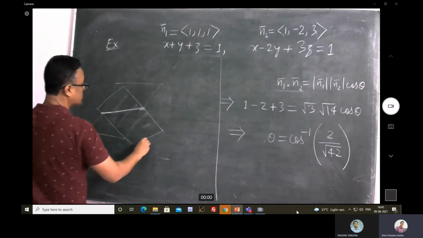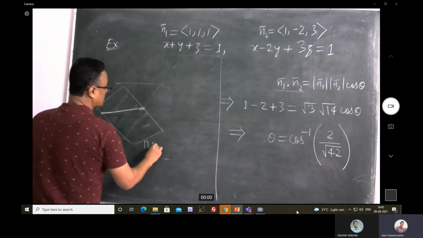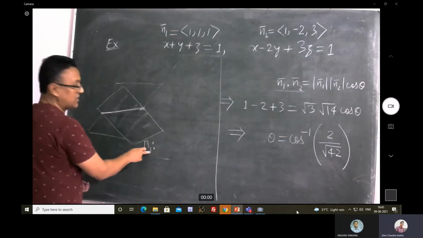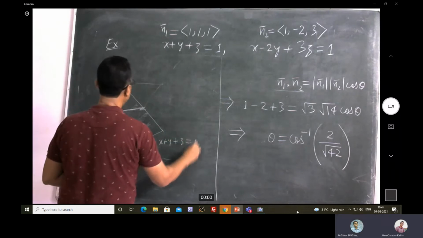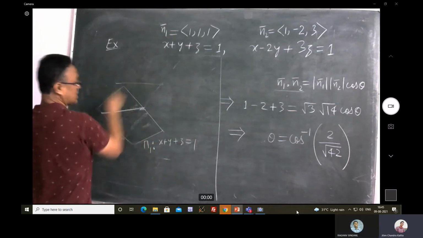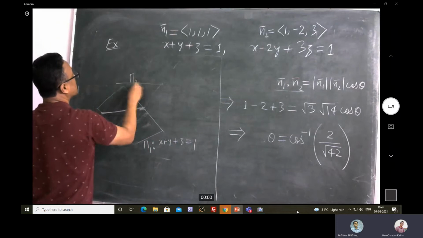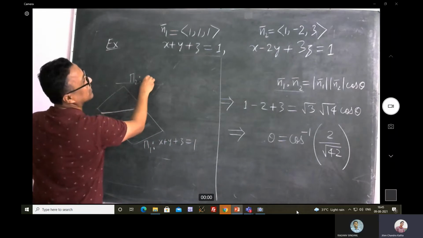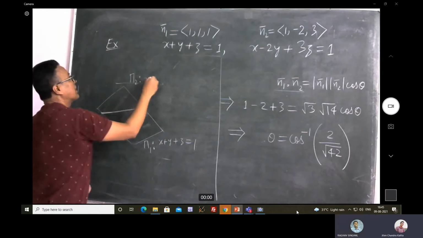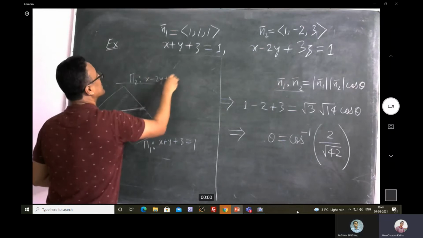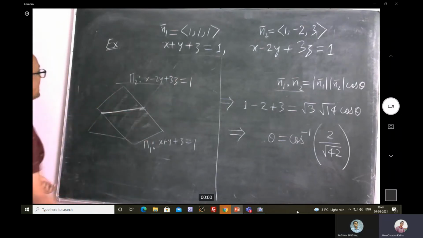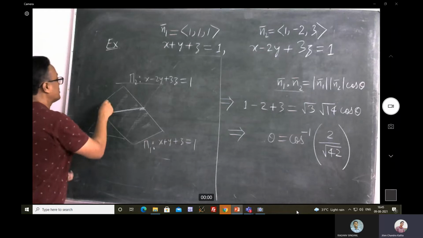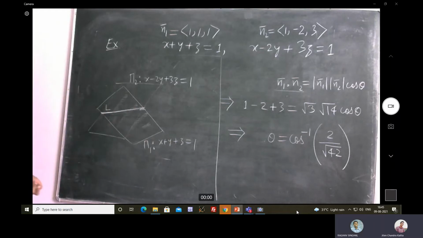Suppose this is pi 1, given by x plus y plus z equal to 1, and this is pi 2, given by x minus 2y plus 3z equal to 1. Now I need to find the equation of this straight line L, which is nothing but their intersection.